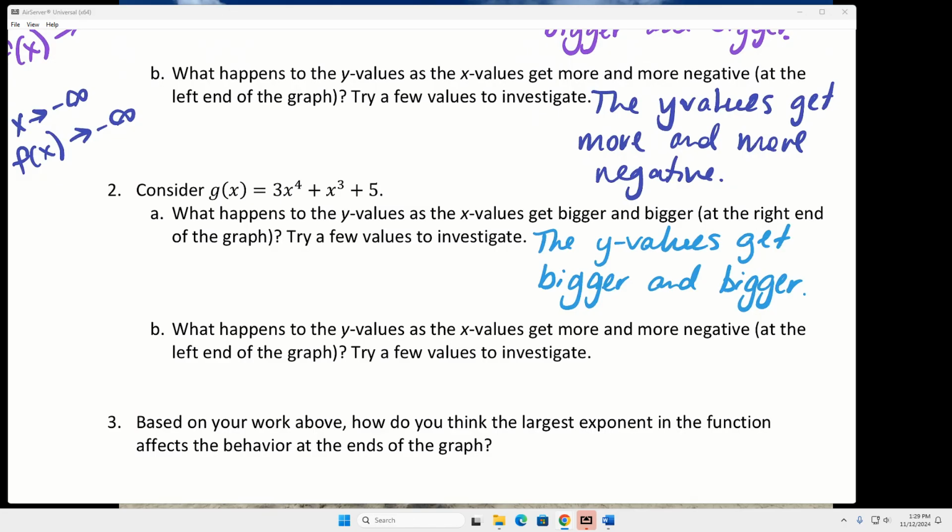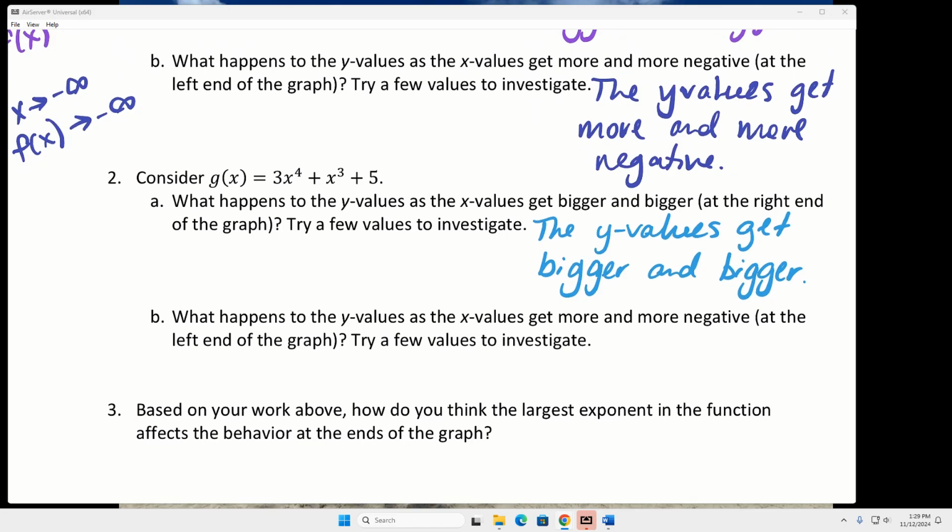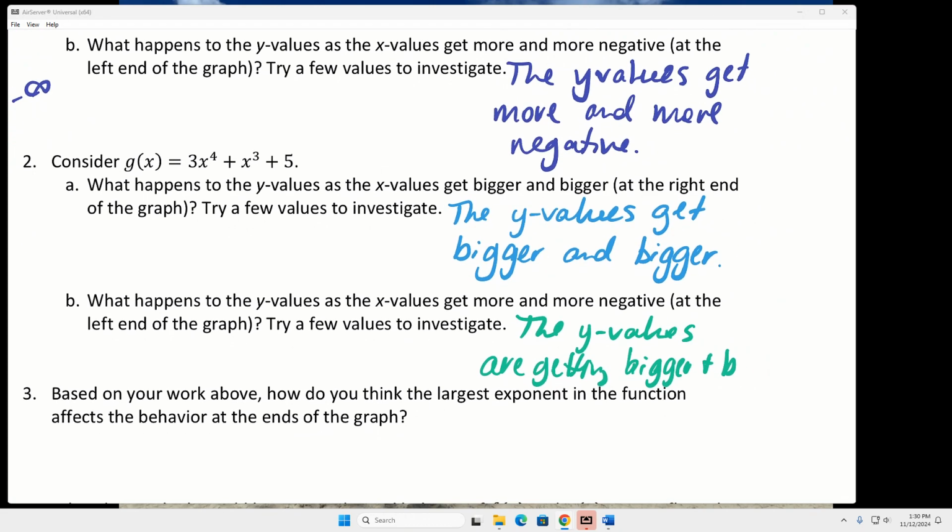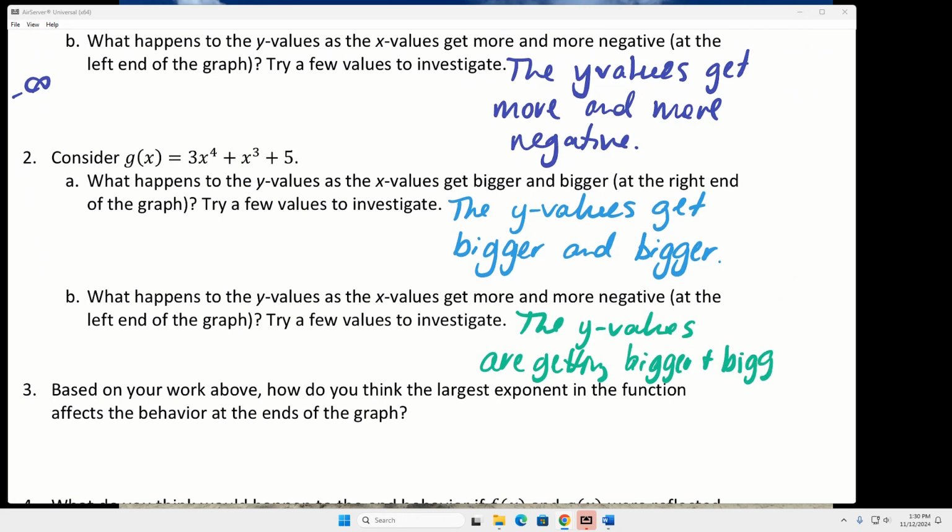All right, what about if the x values get more and more negative? Yeah, you're right. The y values are getting bigger and bigger. So sometimes that happens. The x gets smaller, the y gets bigger.